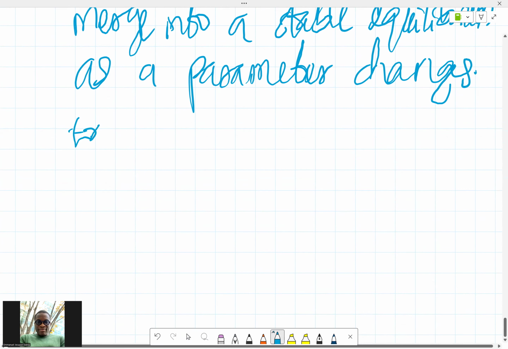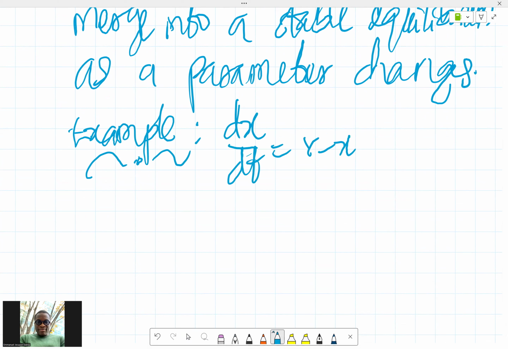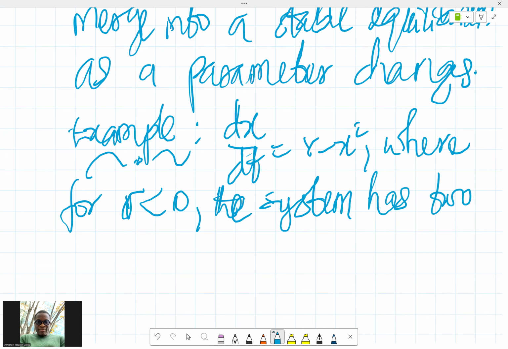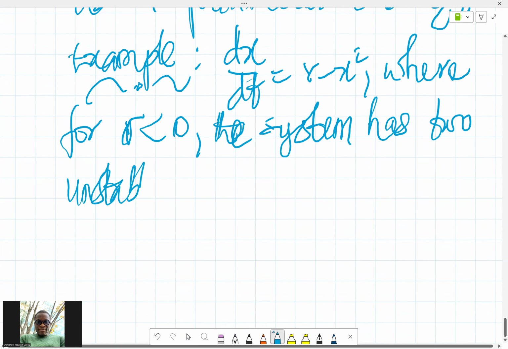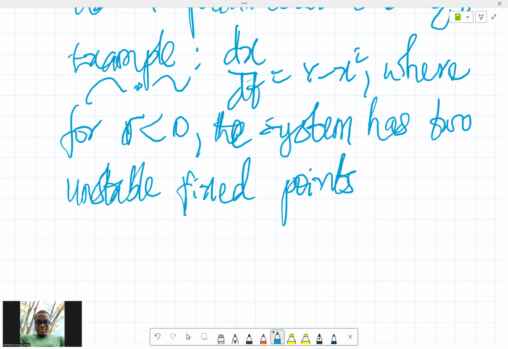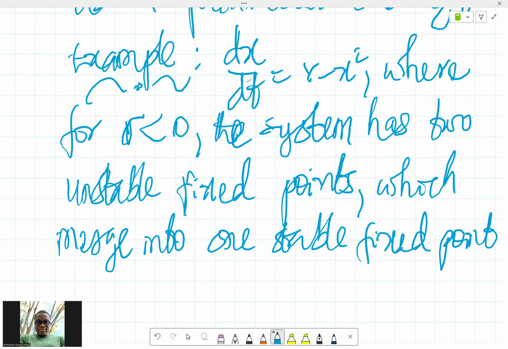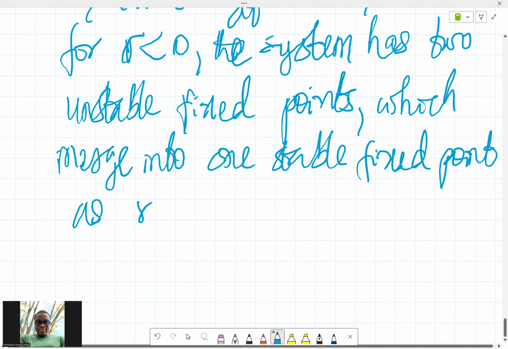An example of this would be dx/dt equals r minus x squared, where for r less than 0, the system has two unstable fixed points, which merge into one stable fixed point as r increases.